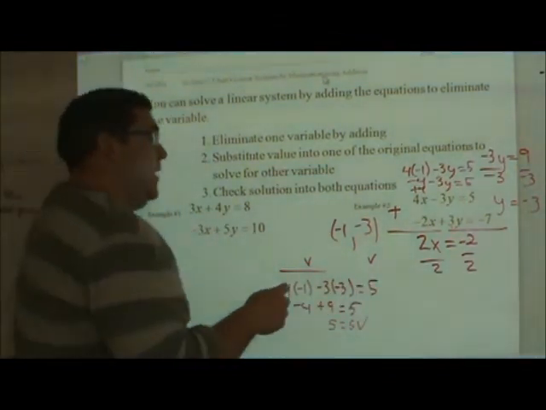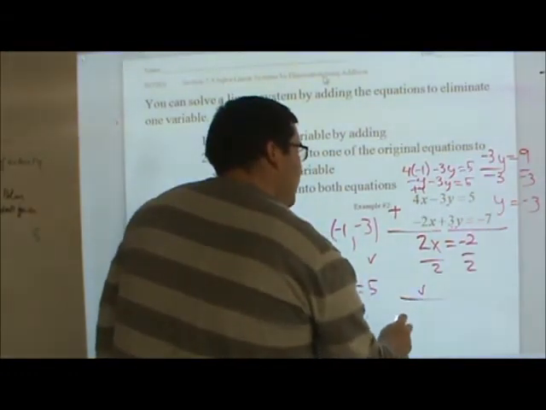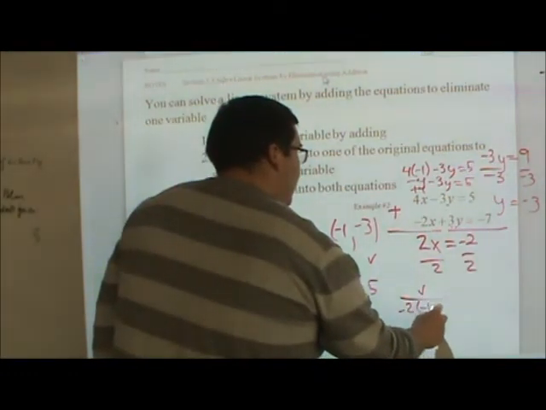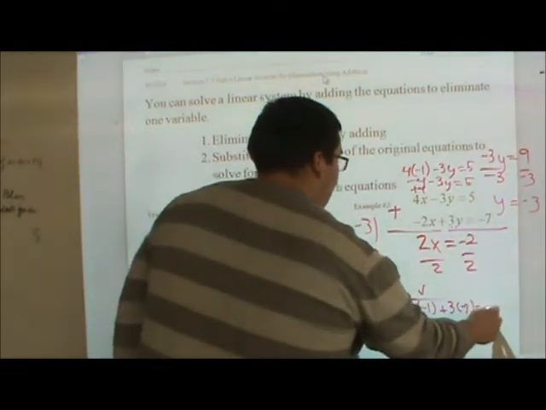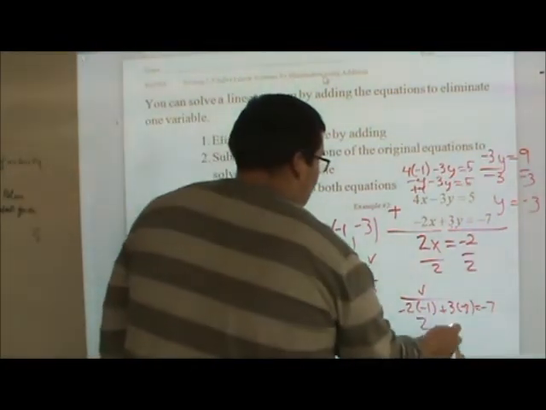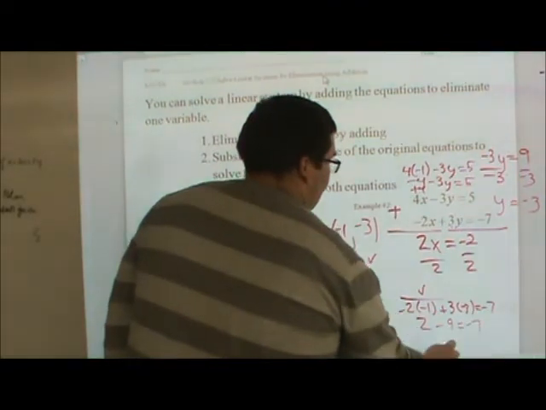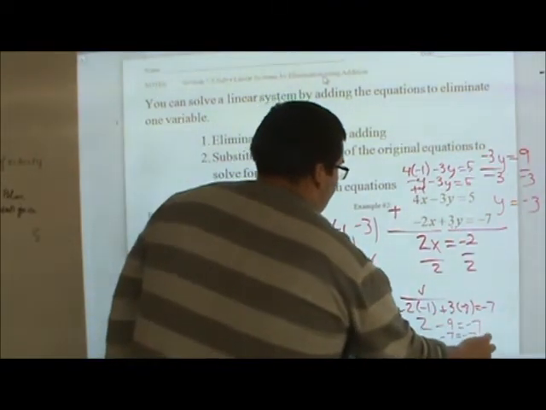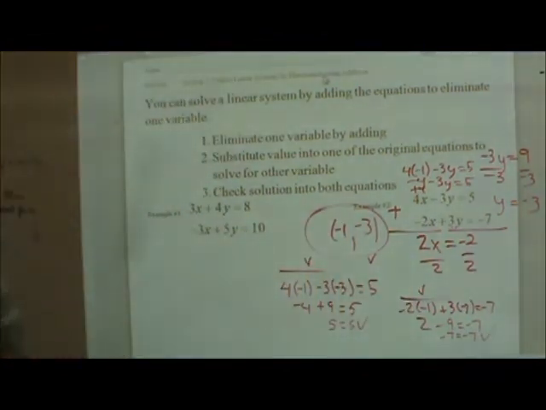Now let's see if we've got the full check here. -2 times -1, +2, minus 9 equals -7. Sure enough, they both check out in our answer, -1, -3.